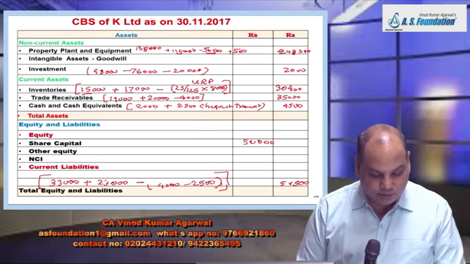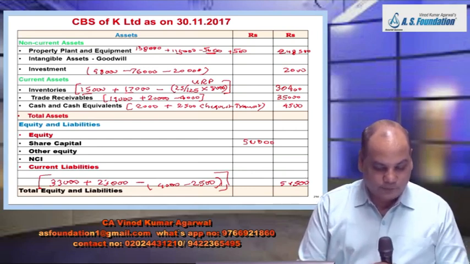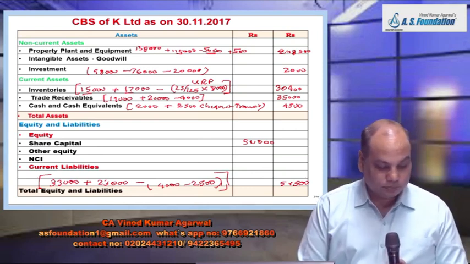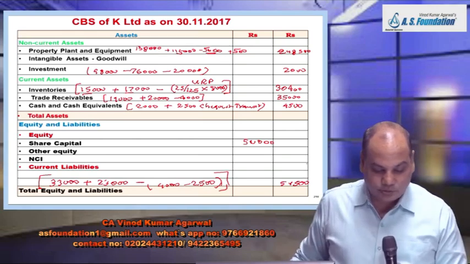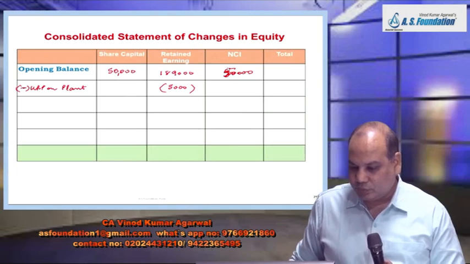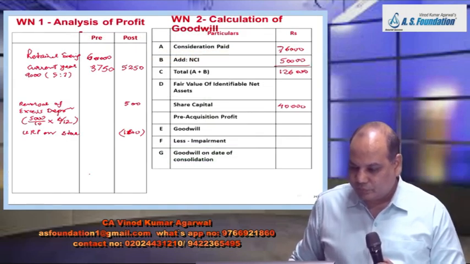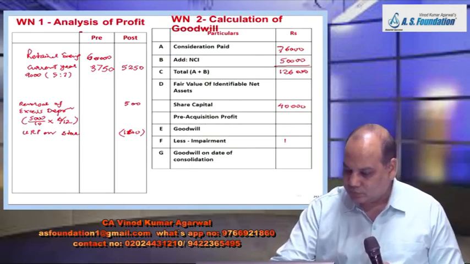Check adjustment number 1 over, 2 over, 3 over, fourth is not over. In fourth they are saying impairment loss of 1,000 is to be charged against goodwill. So go to goodwill calculation, less impairment 1,000.